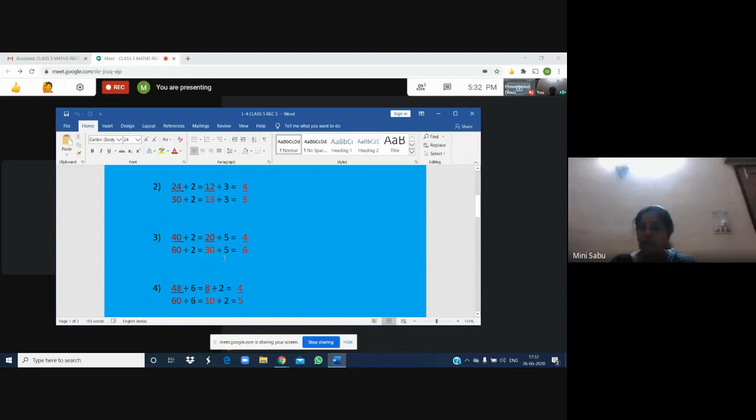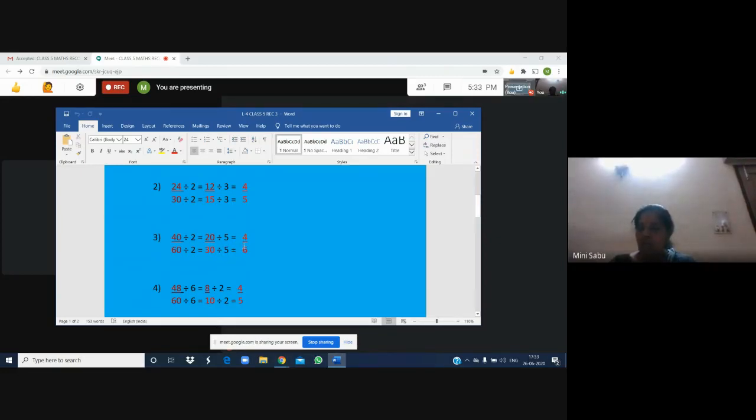So I took 5. Children, is 20 coming in the table of 5? Yes. Is 30 coming in the table of 5? Yes. And then is there anything wrong if you take 5? No. So you can take it, no problem. 20 divided by 5 is 4, 5 4s are 20, and 5 6s are 30.